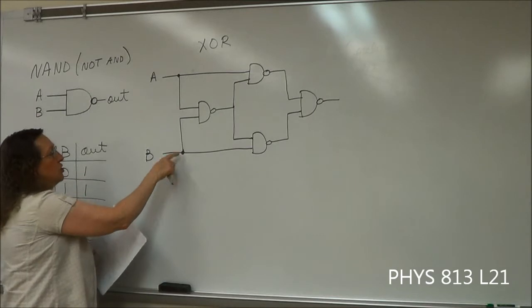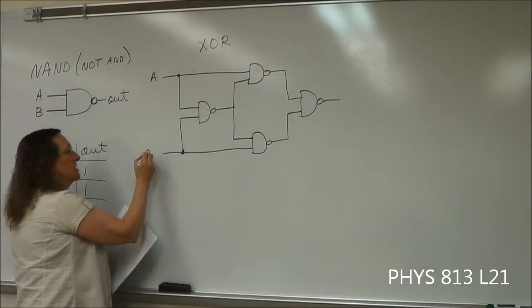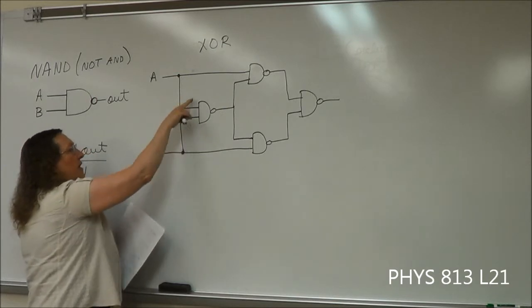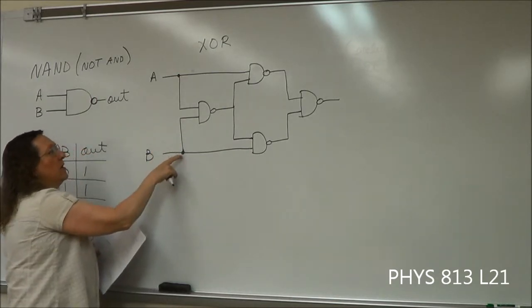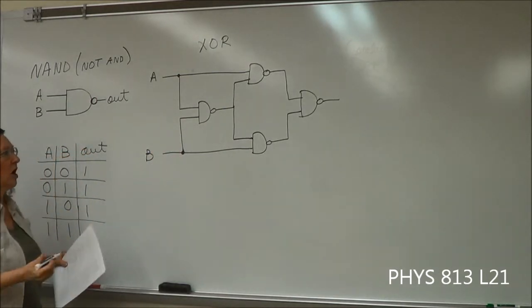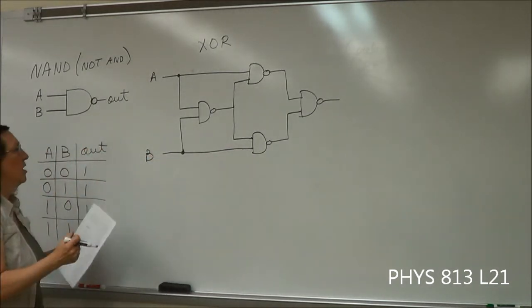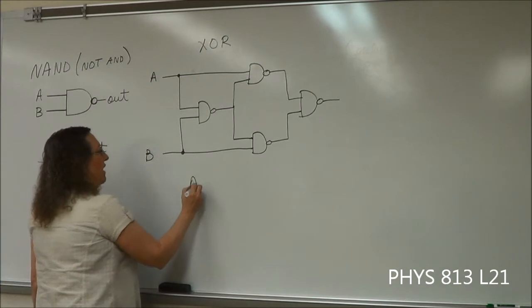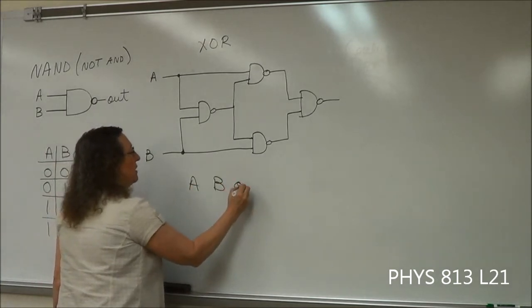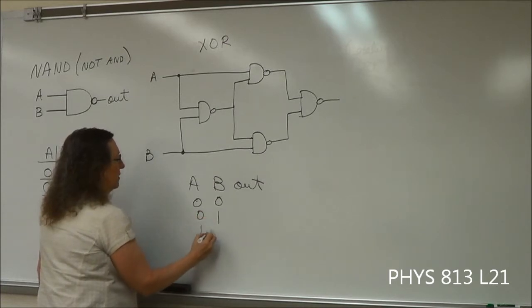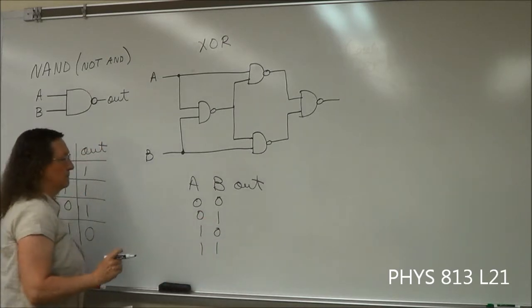But the other feature is that if you have something that needs to go to one of these and then up here to another, then you just put a dot there to show that that's a junction. Okay. So again, we have our A, B, out, 0, 0, 0, 1, 1, 0, 1, 1.